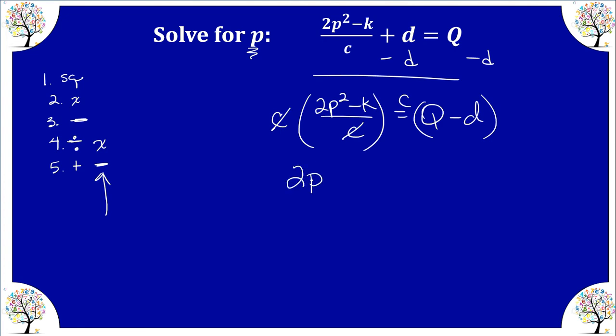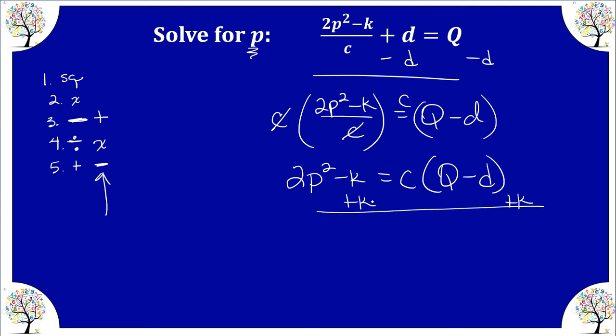So now we have 2 times p squared minus k equals c times capital Q minus d. Now we're going to undo subtract by addition. So we're going to add k, and again, we're going to add it at the end. And now we have 2p squared is equal to c times q minus d, close parentheses, plus k.